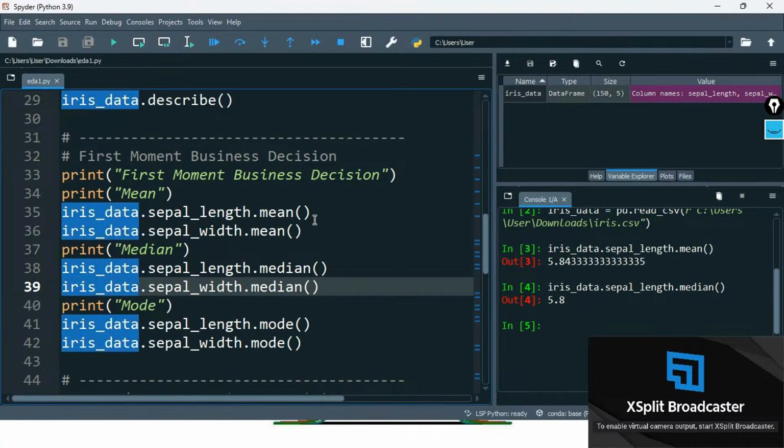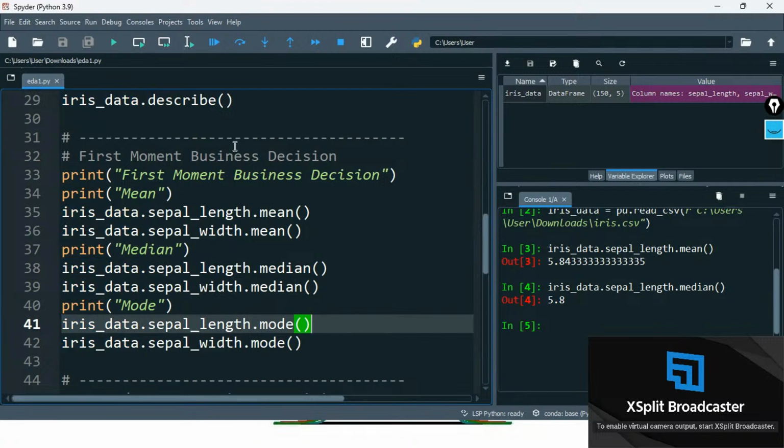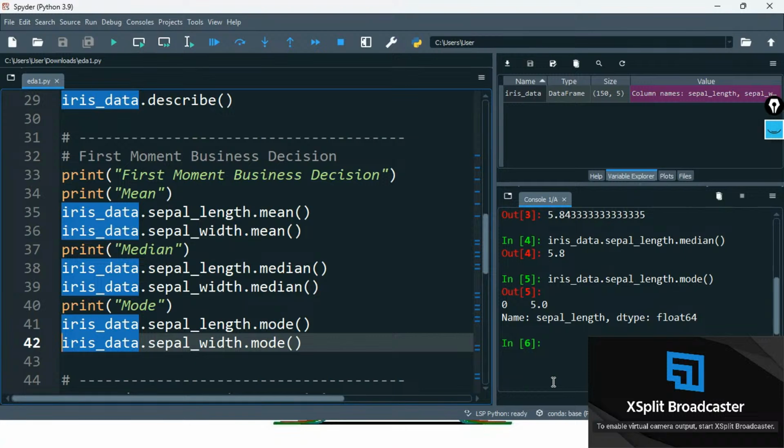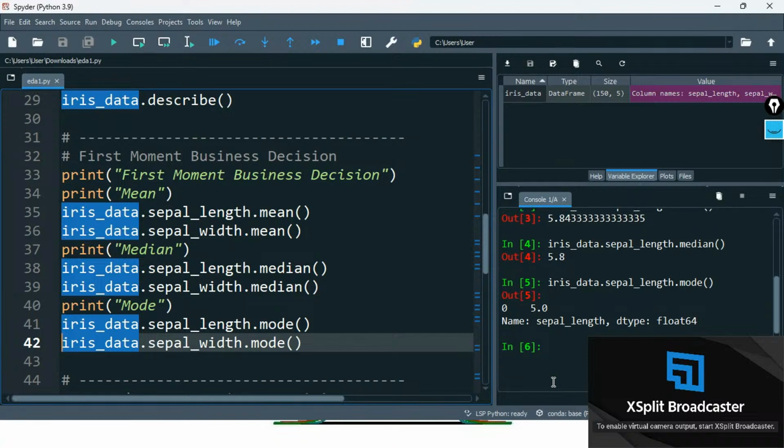It is 5.8. Then on the same column, I'll also calculate the mode. It is 5. So by understanding these three values, what can you comment with respect to skewness? 5.84 is the mean, 5.8 is the median, 5 is the mode. What kind of skewness does the sepal length column have?